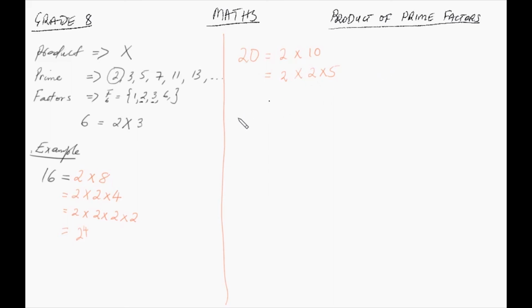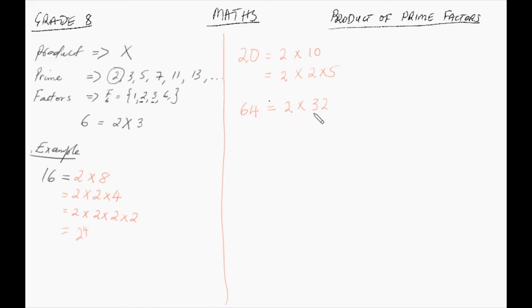Let's look at another example. We have 64. Write 64 as a product of its prime factors. What do you do? I said just start with the first prime number, which is 2. Then 64 is 2 times 32.